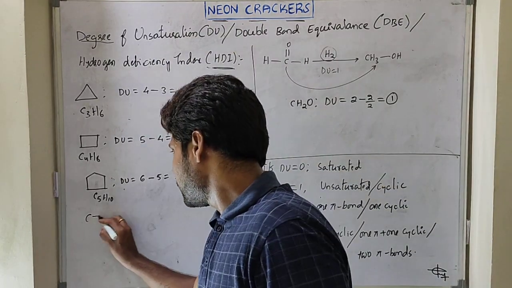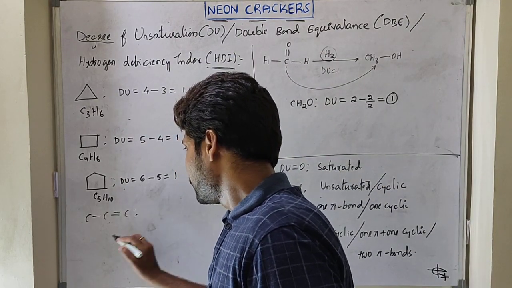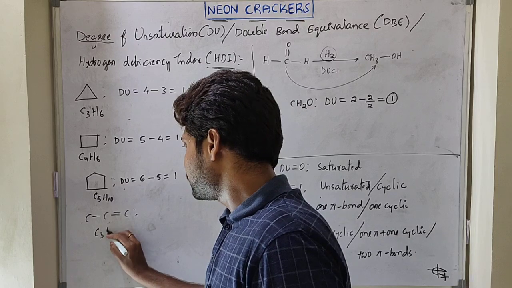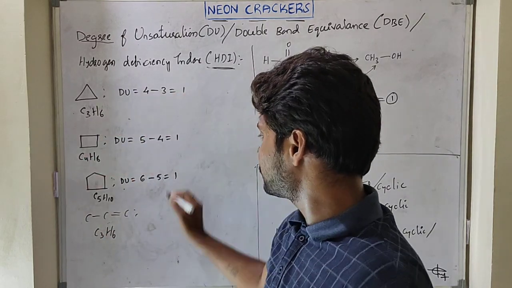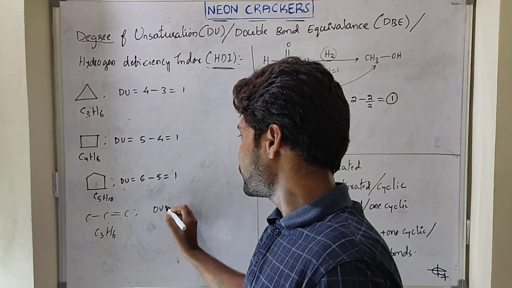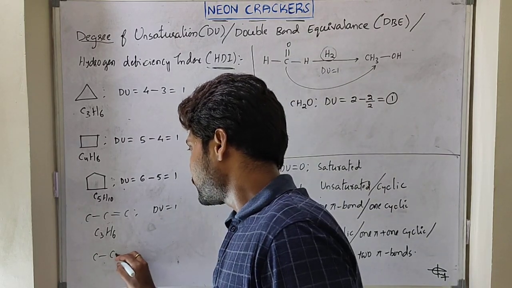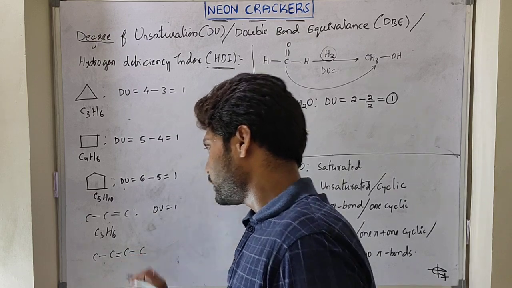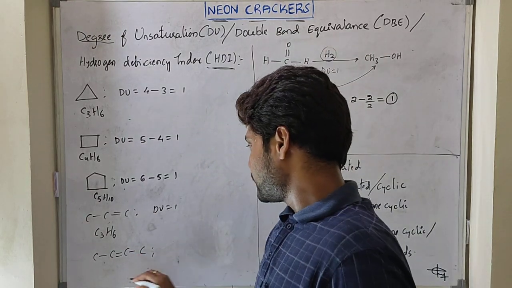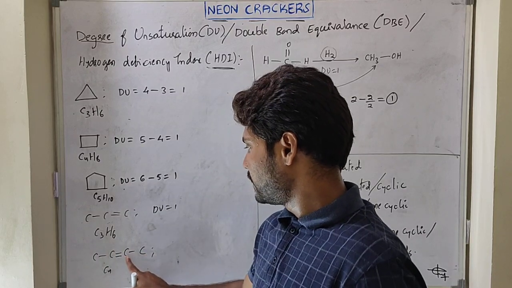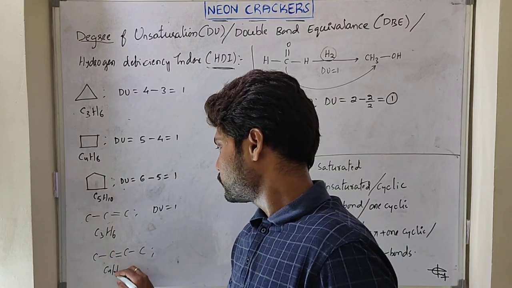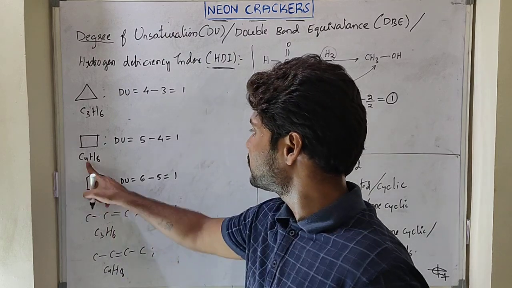And if you take another, like propene, what is the molecular formula? C3H6, so what is the DU? DU becomes 1. And if it is normal butene, 2-butene or 1-butene or whatever, the molecular formula is C4H8.